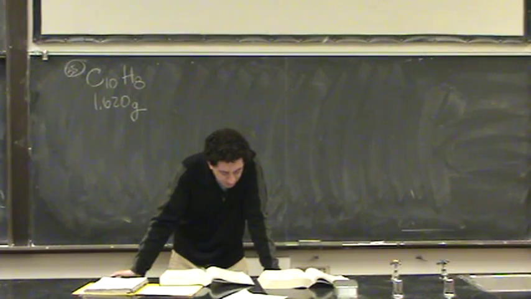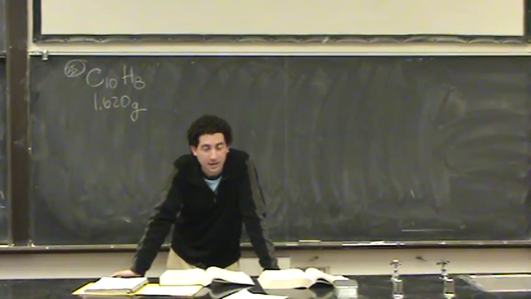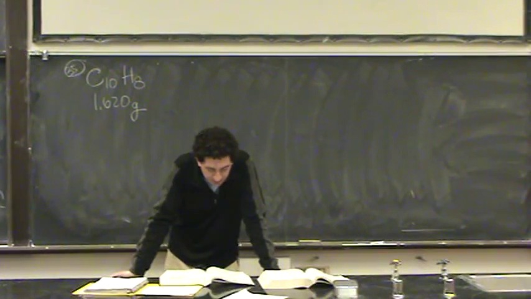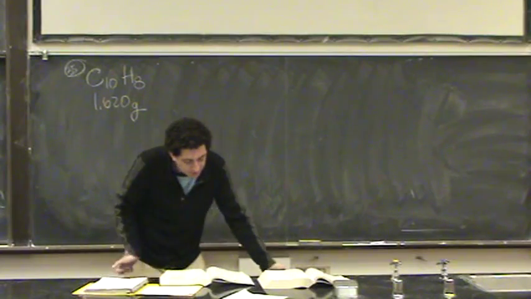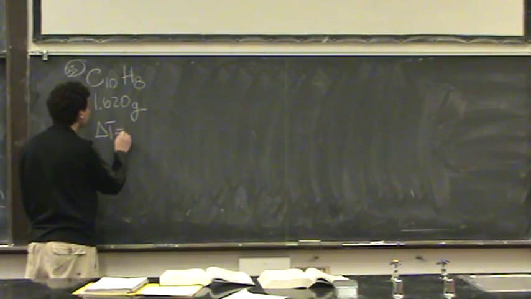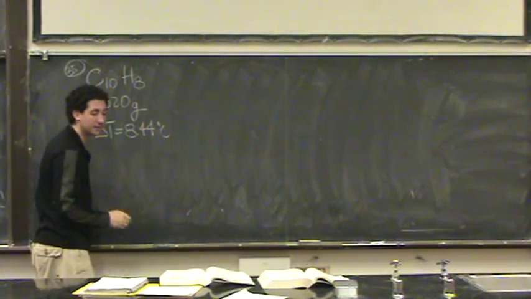It's burned, completely burned, that's a combustion when it says burned, in a bomb calorimeter. And the temperature change is 8.44 degrees C. So there's a delta T increase of 8.44 degrees C. So that's the delta T.